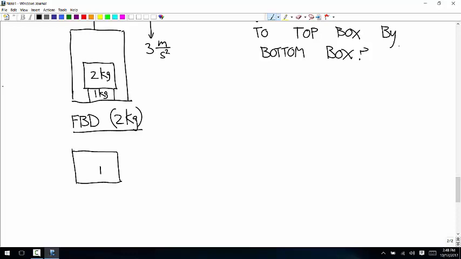The weight force is 2 times 9.81. And then there's a pushing contact applied to this one by the one under it. It's coming toward the chosen body, away from the contacting body, so it has to be up. So I'll call that N.